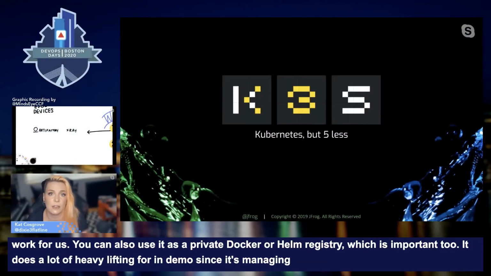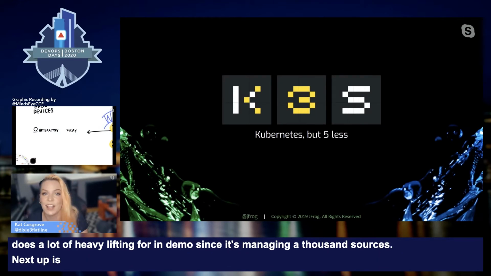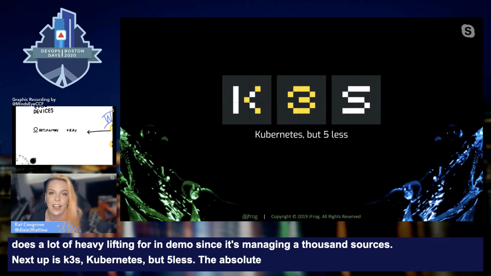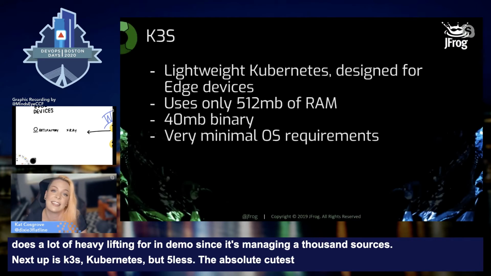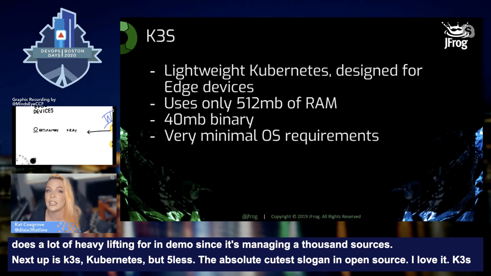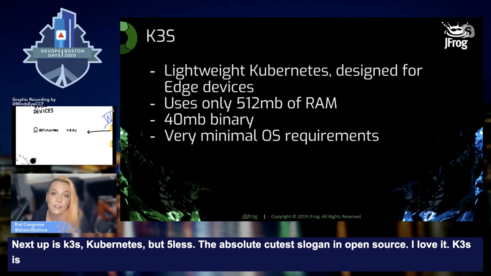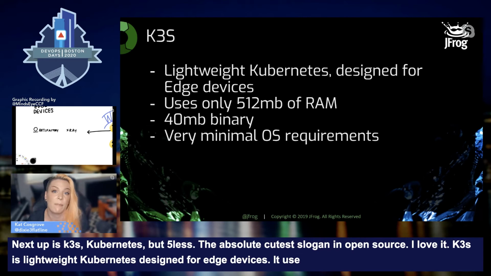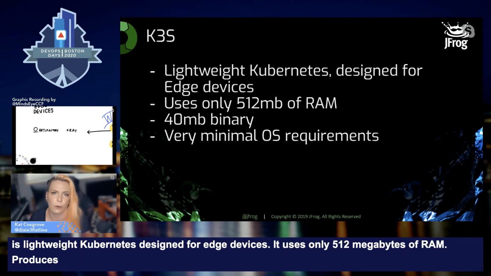Next up is K3S, Kubernetes, but 5 less, the absolute cutest slogan in open source. I love it. K3S is lightweight Kubernetes designed for edge devices. It uses only 512 megabytes of RAM, produces a binary of just 40 megabytes, and has very minimal OS requirements.